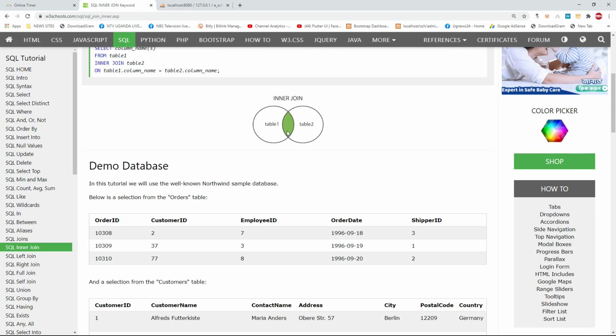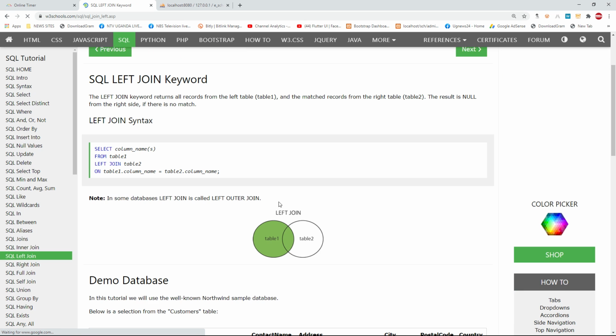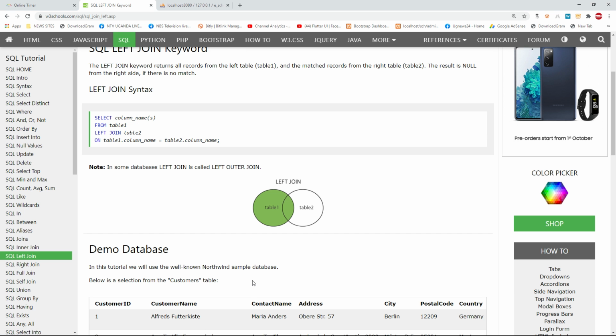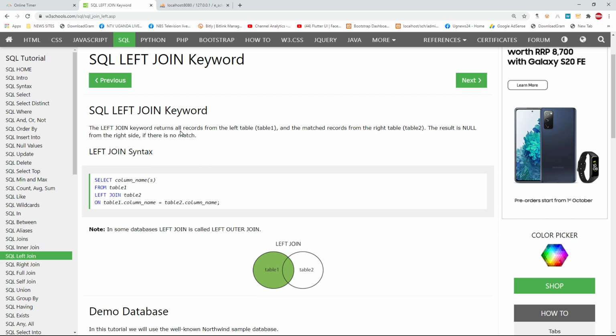That is what we call inner join. Then you have left join. The left join keyword returns the records from the left table and the matched records from table 2.